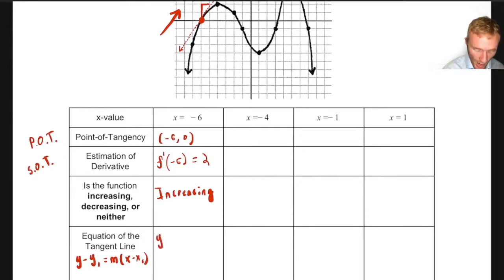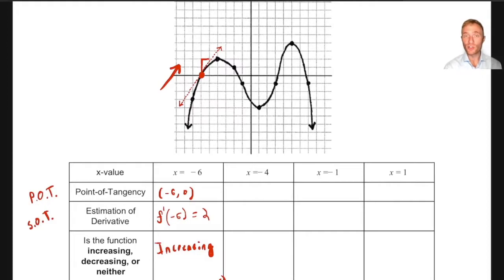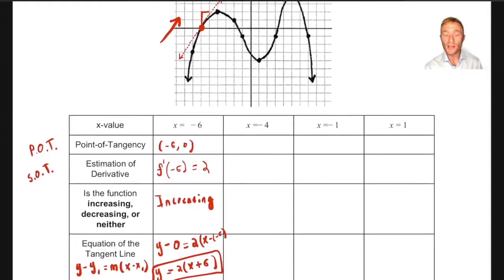We're going to say y minus 0, from (-6, 0), equals the slope of the tangent line, the derivative was 2, times x minus, in this case, minus -6. So we'll clean that up here. This is y equals 2 times x plus 6. And so that is the equation of this line tangent to our function at -6.